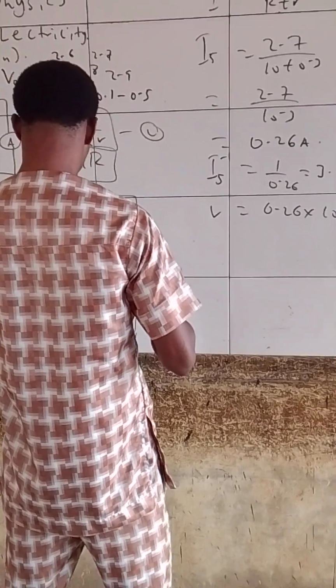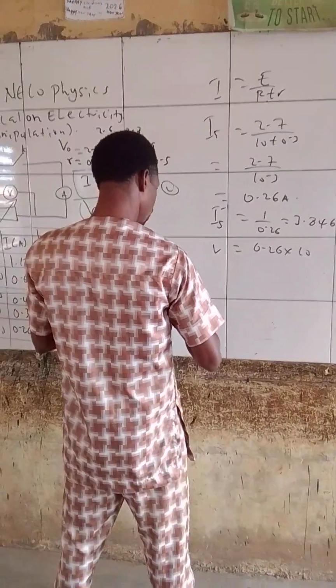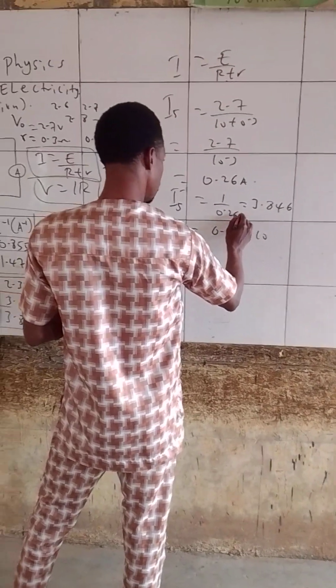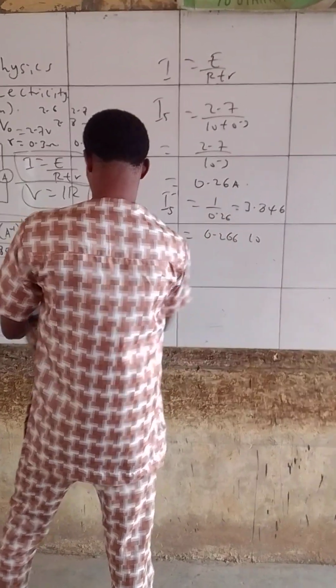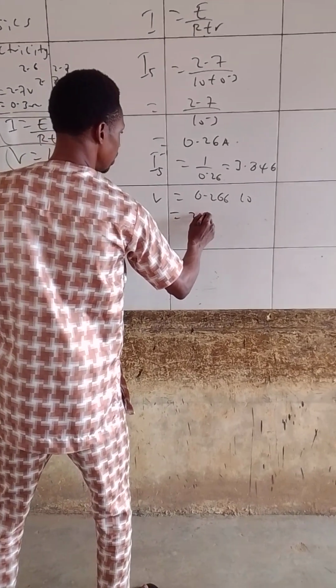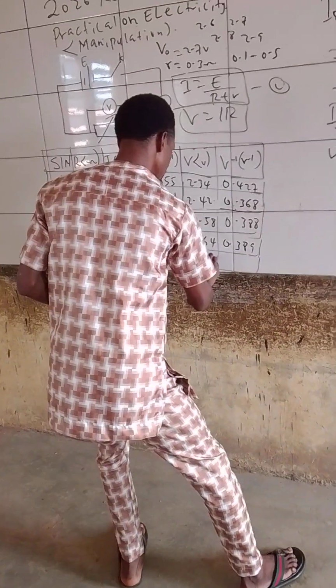This will give me, let me say, 2.66 here. So my V now is 2.66.